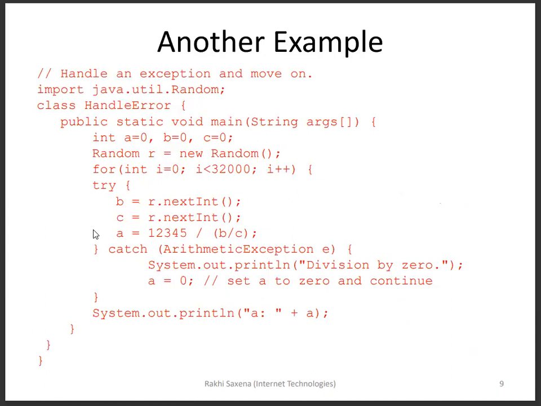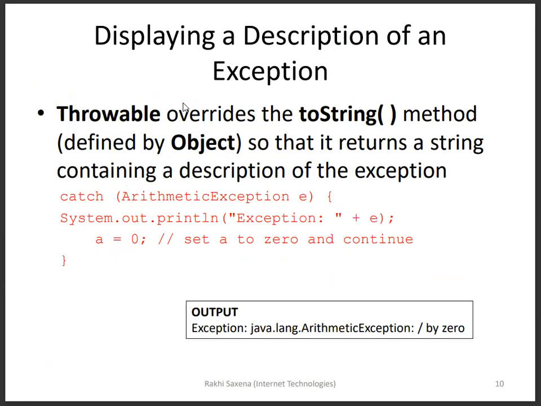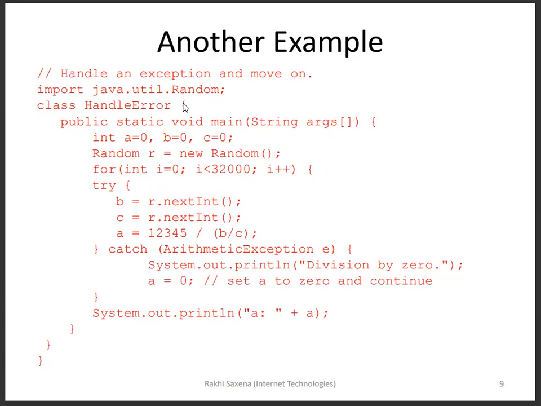Another example. In the public static void main, the values of a, b, c are initialized. Random r is a class available to get random values. We call nextInt, and here there is a chance of an exception. In the try we compute divided by b divided by c.